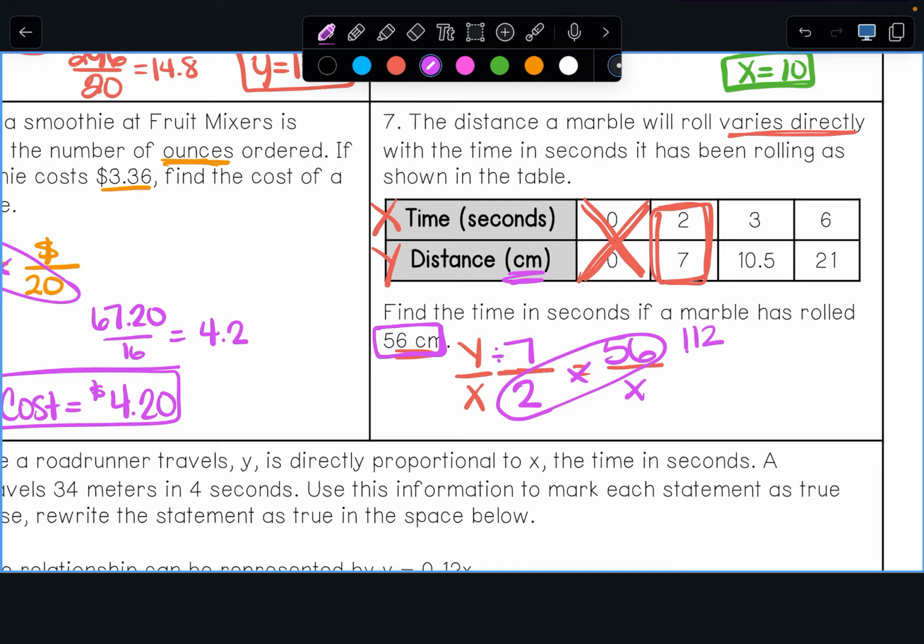And you divide by the remaining value, divide by 7. And 112 divided by 7 is 16. So that tells us that the time is 16 seconds.